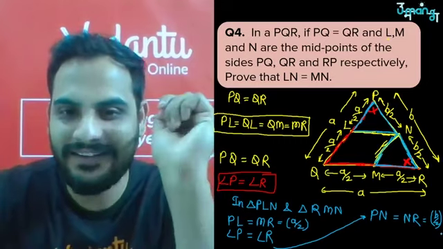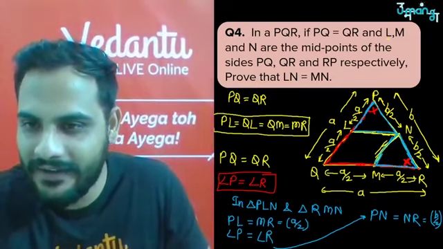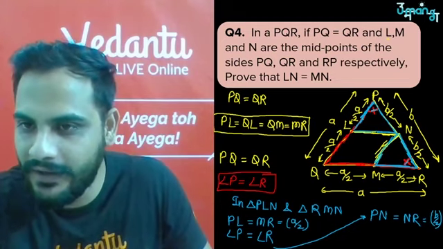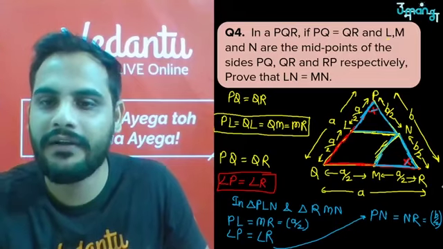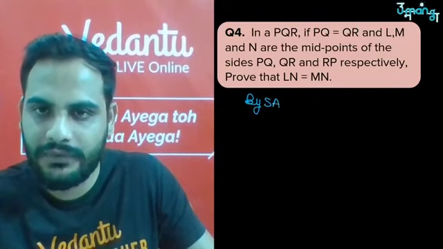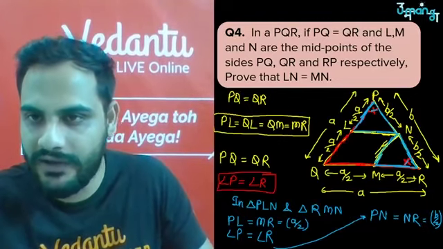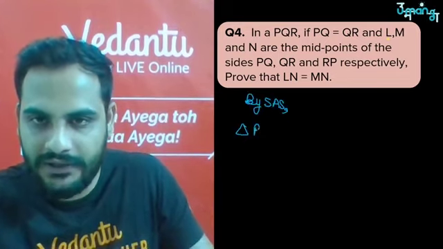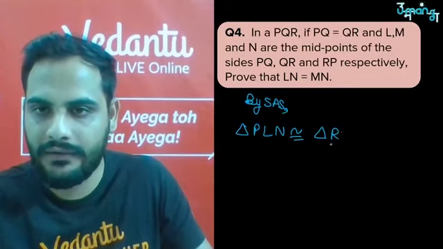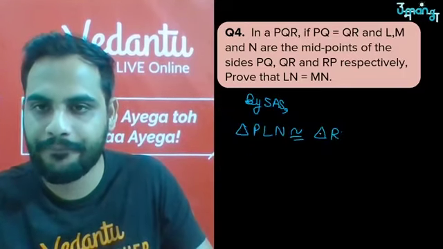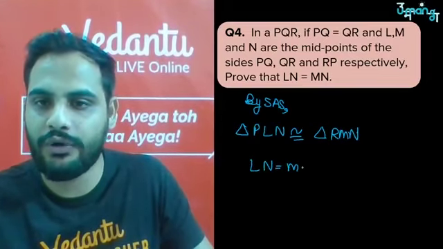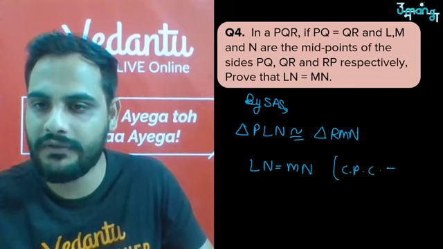Now see how easy it is: side MR and PL, angle P and angle R, and side PN and NR. So by side angle side criteria, triangle PLN is congruent to triangle RMN. And once they are congruent, you can say LN will be equal to MN because of CPCT.